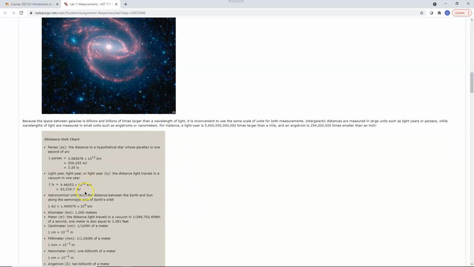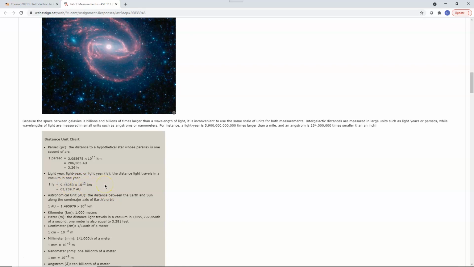We also have a light year. A light year is how far light travels in a year. It's not a time length, but at a certain rate, 186,000 miles per second, or 300,000 kilometers per second, you have that distance covered in 1 year.